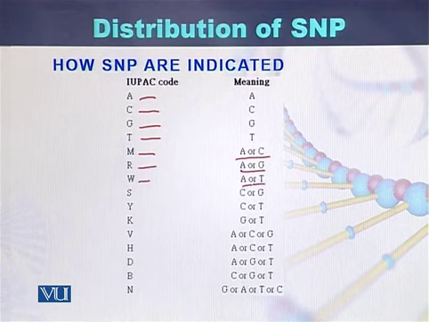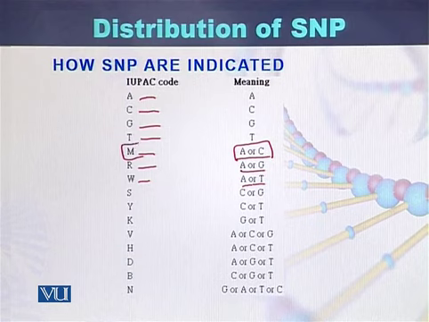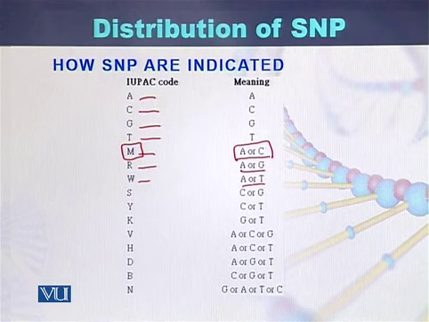So this is the pattern for how to mention a change when one nucleotide is replaced by another. Again take the example of A and C. If there is A or if there is C, we can write in that place the English letter M. So M is represented either by A or by C.